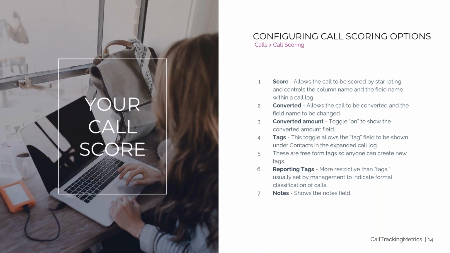We can enable or disable any of the fields. So if we didn't want our client agents to be able to mark it as converted, we could remove that field. The converted amount, we could remove that field. We can do some fun stuff with the tags. So let's switch in and do a quick demo of that.